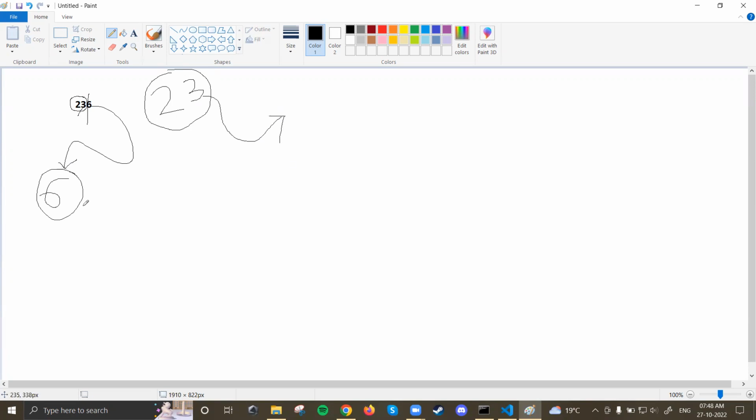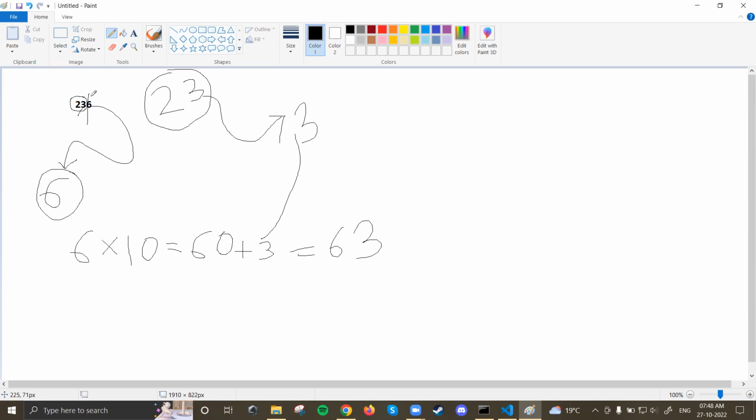So we'll multiply 6 into 10, so 6 into 10 equal to 60. And this 3 we will add here. 60 plus 3 is 63.